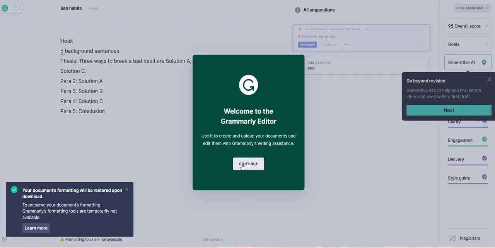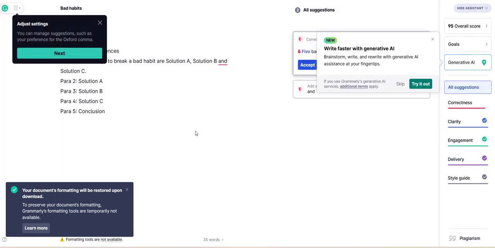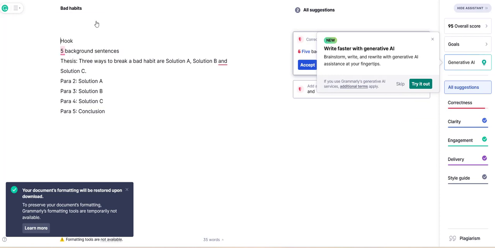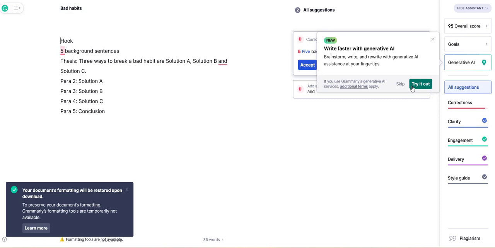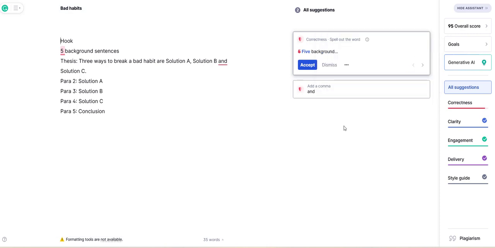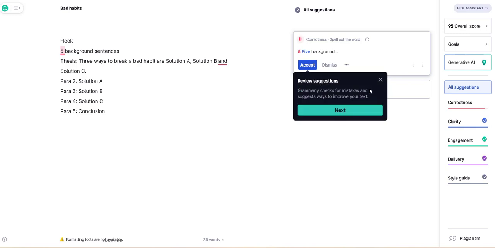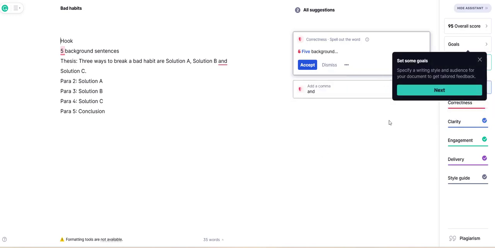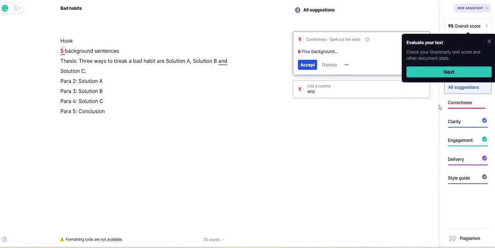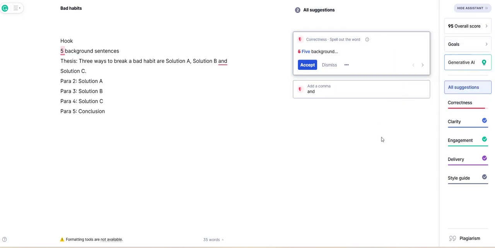Now I'm going to upload that, and then we wait for it to load. Welcome to the editor. We'll name the document. I will get rid of all of this, because this is the first time I'm using it.